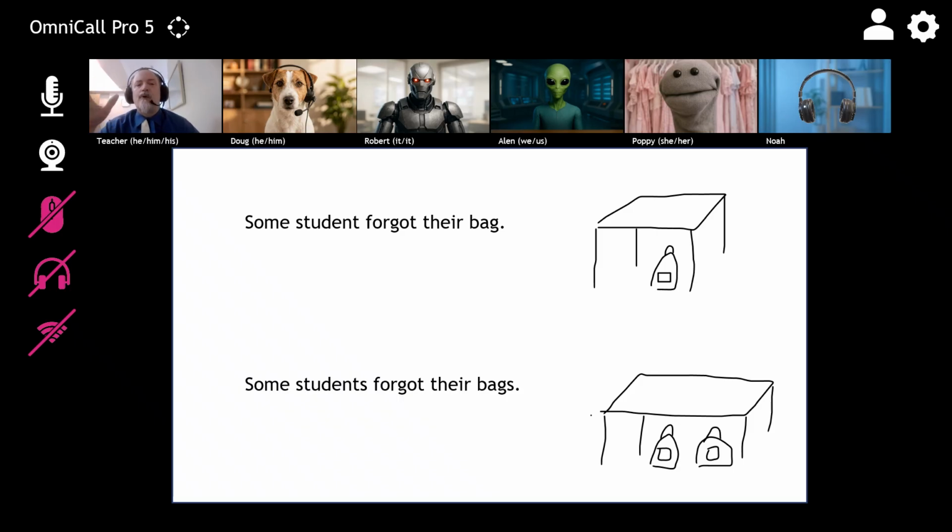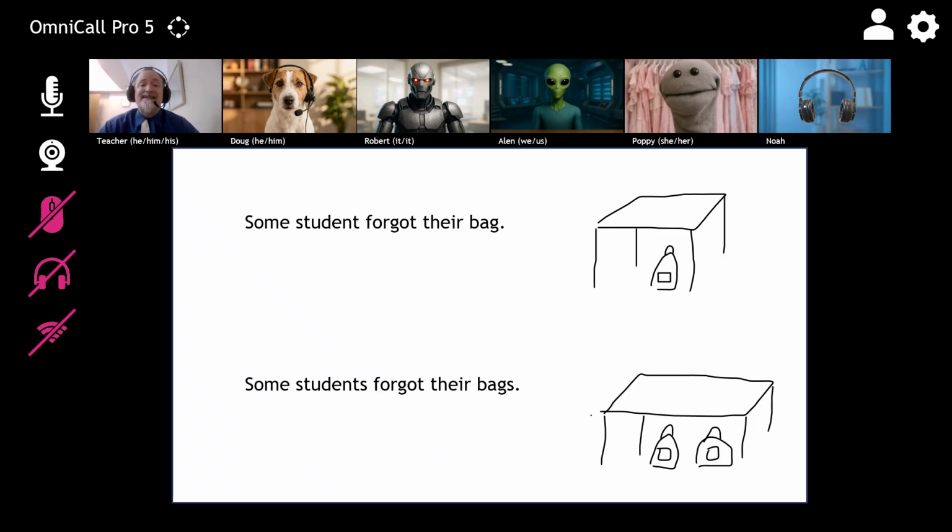Let's get rid of the whole rule about known and unknown. It's not a rule. It's not an exception to the rule. It's about groups. Now, if it was 100% of the students, we would use any. And if it was 0% of the students, we would use not any. But because it's mixed with a group of yes and a group of no, we use some.